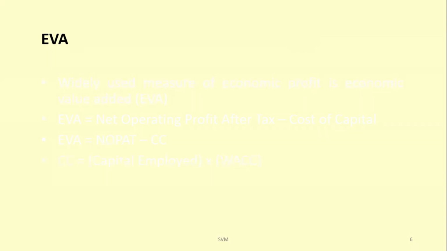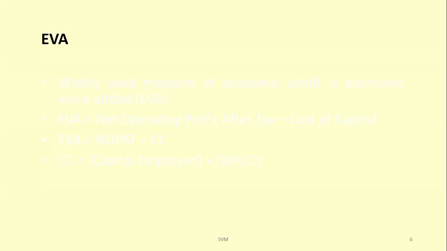For example, we can consider a company having the following financial information. Net operating profit after taxes, that is NOPAT, may be $5 lakh, and total capital employed, that is the invested capital, may be $20 lakhs. Cost of capital, which is our WACC, may be 10.05%.